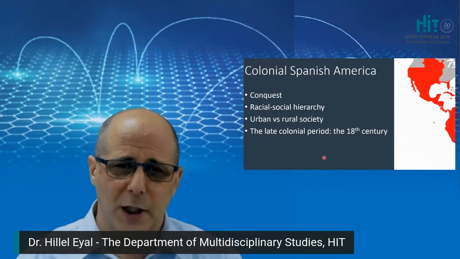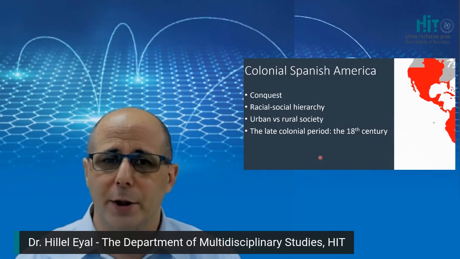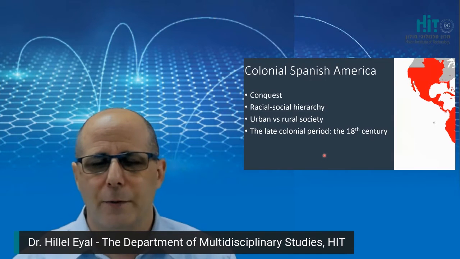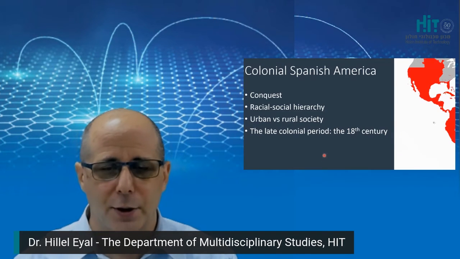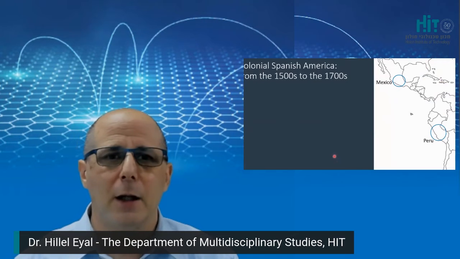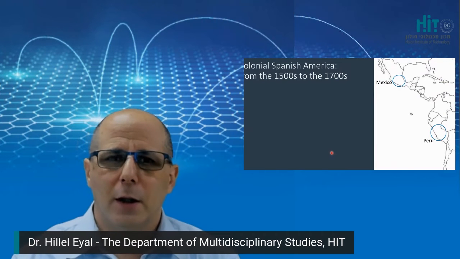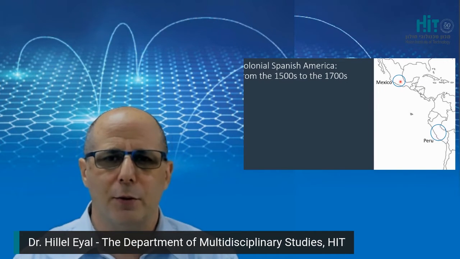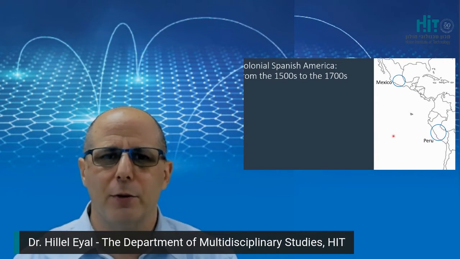Now, I'm going to focus on the late colonial period, which is roughly the 18th century. So we're going to fast forward 200 years. If we stay for a second in the 16th century, we see that the major centers of the Spanish Empire were two. One is Mexico, the other is Peru.